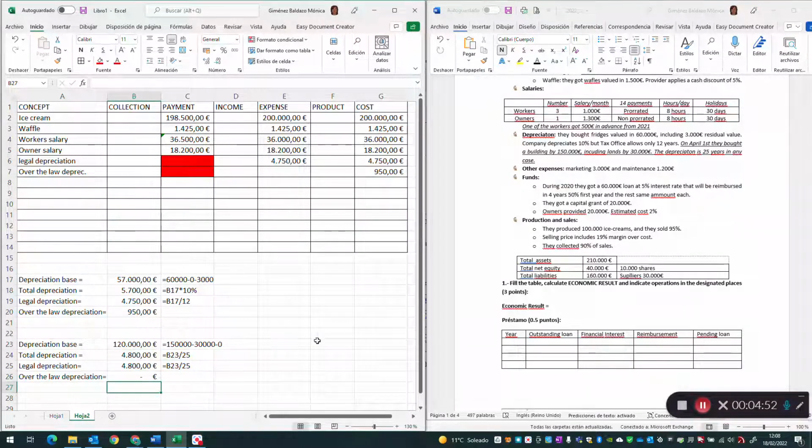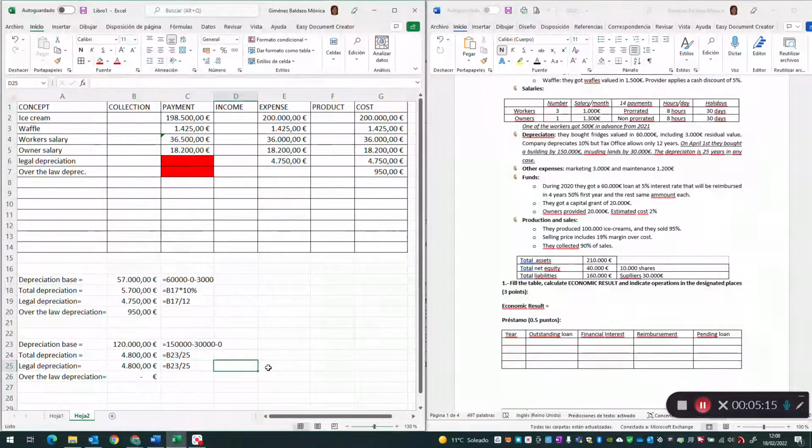Okay? There's one little detail before moving this information to the table. Something you need to pay attention to. It says that they bought the building on April 1st, which means this year they're not going to have a full depreciation. They're going to depreciate the building from April to December.